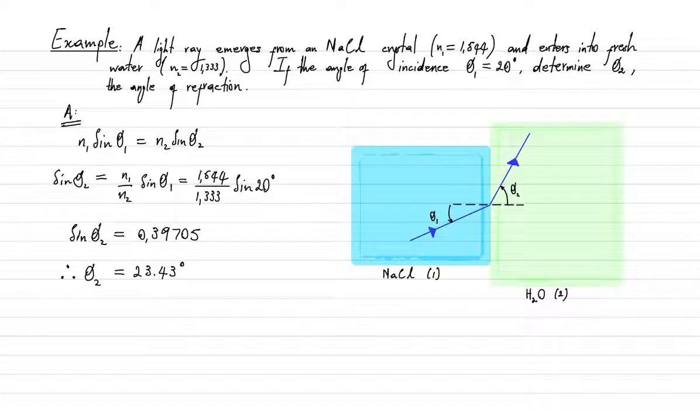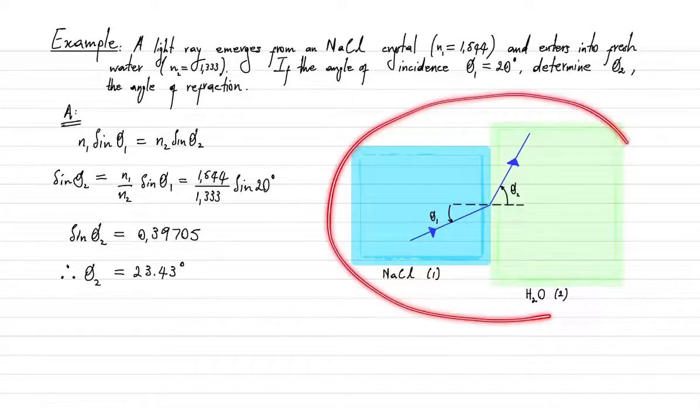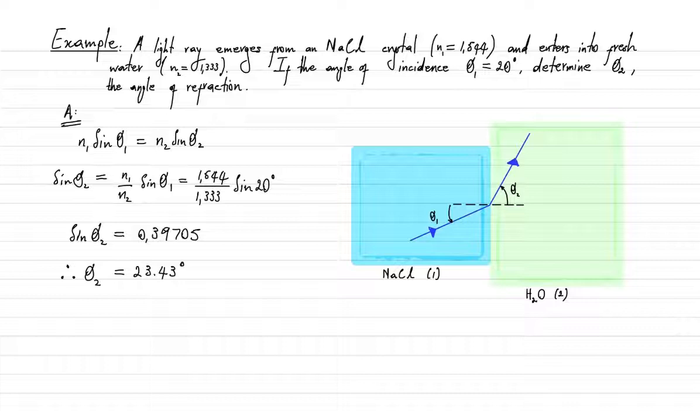I should emphasize that this picture here is not drawn to scale. My point is this angle here clearly does not correspond to 23.44. This is one of the pitfalls that students sometimes fall into. They might take the illustration as literal.